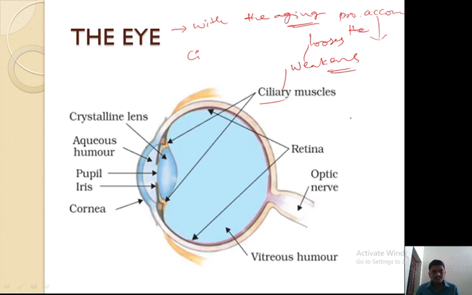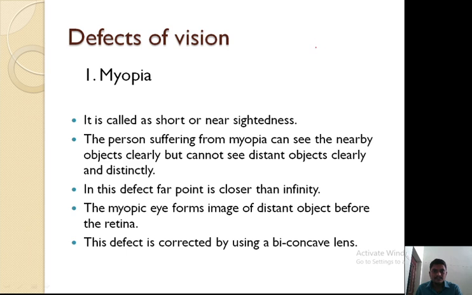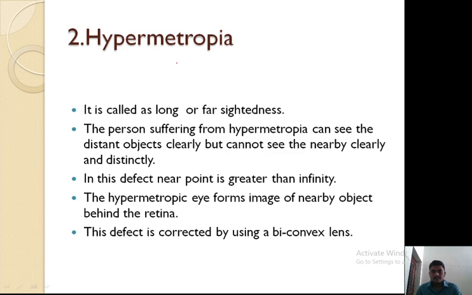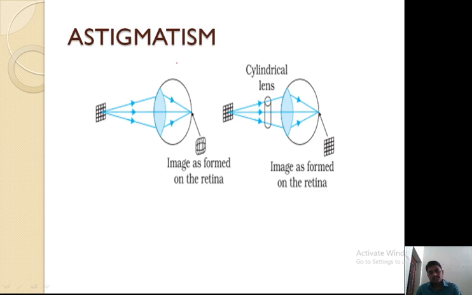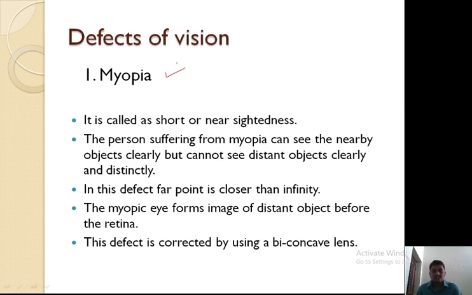Because of some reasons, the ciliary muscle weakens and loses the property of accommodation. That is why we get certain defects in vision. They are myopia and hypermetropia, and there are also presbyopia and astigmatism. These are certain defects in the vision of the human eye.